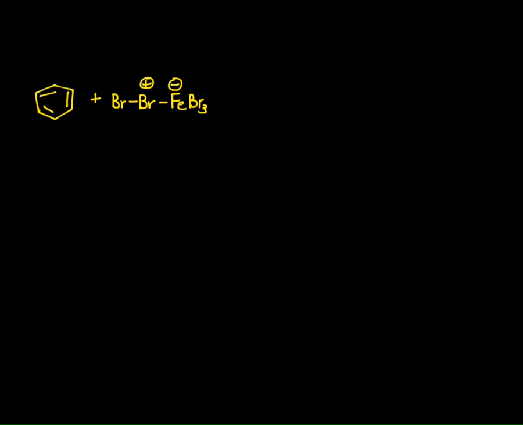You might think that benzene will attack that particular bromine with the positive charge, but in fact it's going to attack the bromine at the end, simply due to steric effects. So we have a donation of a pair of electrons from the pi system on benzene to that terminal bromine.